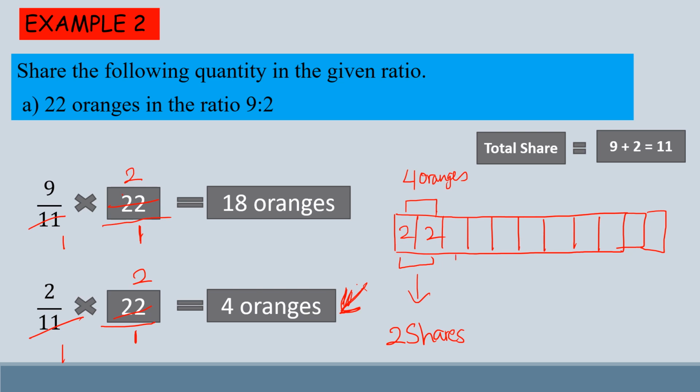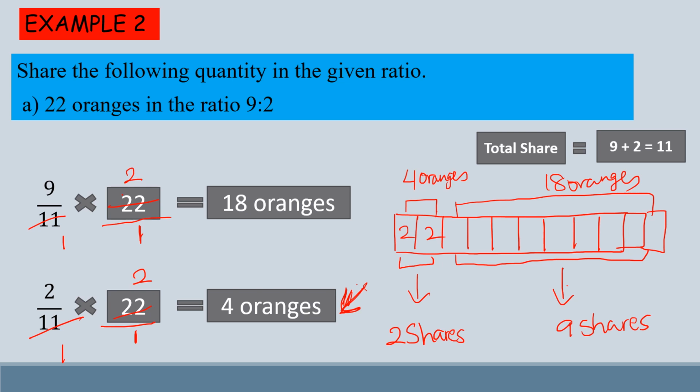So the remaining, which will be 9 shares, and that was 18 oranges, that would be 2, 9 times, and 9 2s are 18. And when you total, you're going to get the same 22 oranges that we had to share.